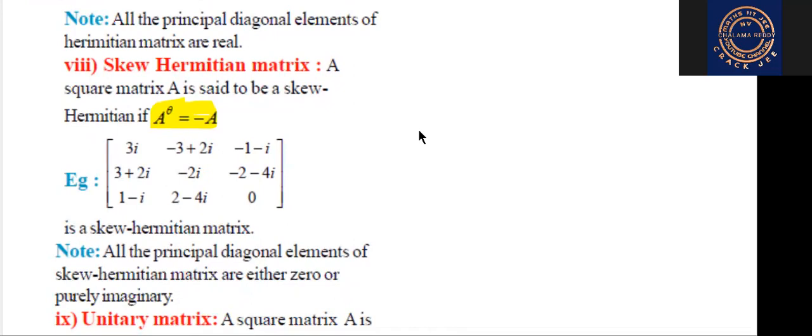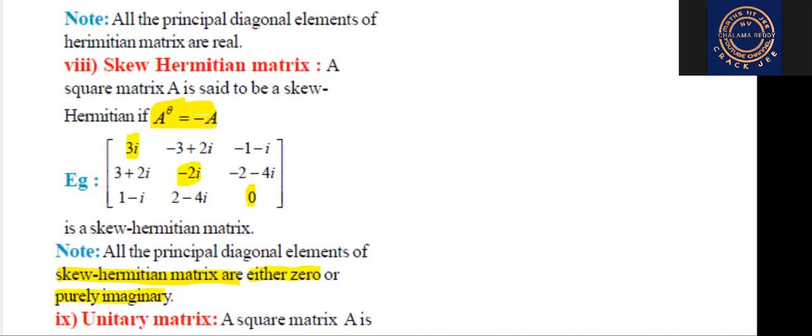Note: all the principal diagonal elements of a skew Hermitian matrix are either 0 or purely imaginary. Sorry, this is 0, this is imaginary, this is also imaginary.